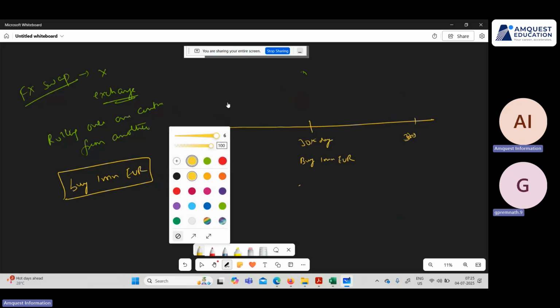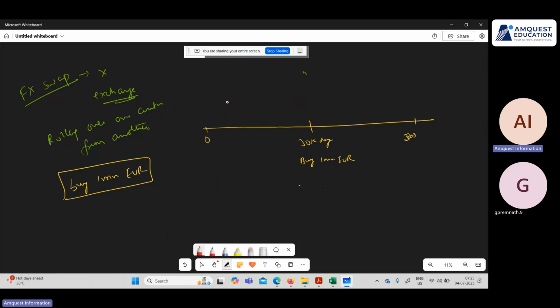So the first step is to get away with this part, because now you don't want to buy. What you can do is, on the 28th day, sell 1 million euro spot. The reason why I'm using the word spot is very important. This is not just a word, but you are selling euro then and there.